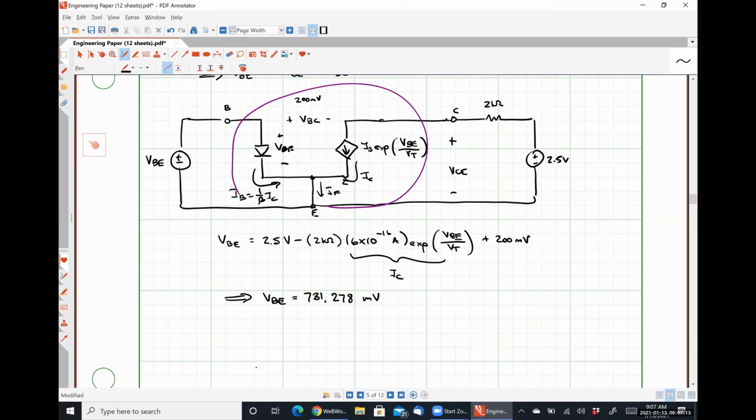So it's pretty easy to accidentally drive things deep into saturation if you aren't paying attention, which is what we're going to talk about a whole heck of a lot at the beginning of probably next week or later on Friday with regards to bias circuits. We want these guys to be working in the forward active region if at all possible, because that's where we get amplification.